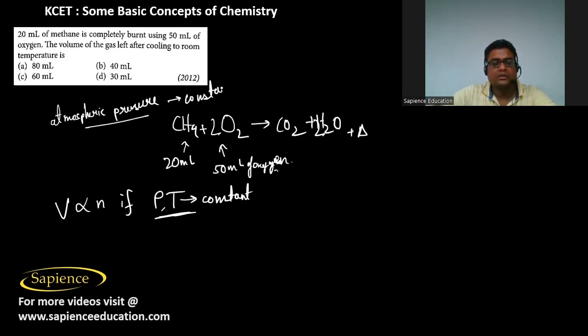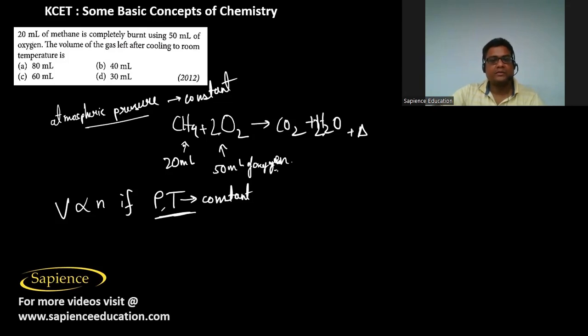So it means all the reactions are carried out under constant pressure, and the temperature is also constant. So now here, the volume ratio will be same as the mole ratio.